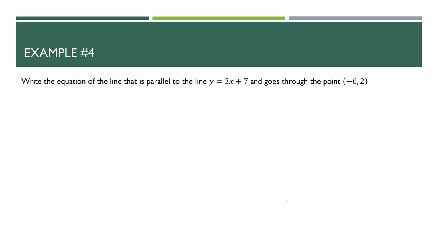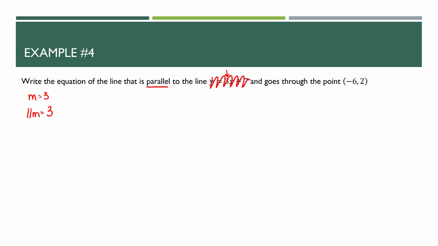All right, here's another example. So here we're writing the equation of a line, and it's parallel to y equals 3x plus 7 and goes to the point (negative 6, 2). Start off with your slope. m equals 3. That's right here, mx plus b. And parallel would be the same slope, so 3. Now we're done with this.